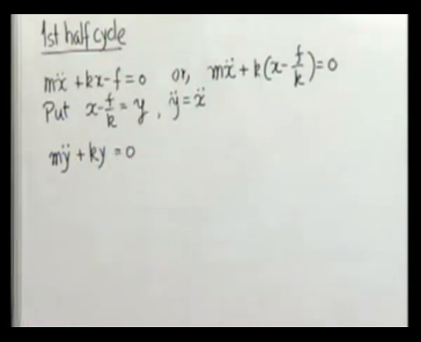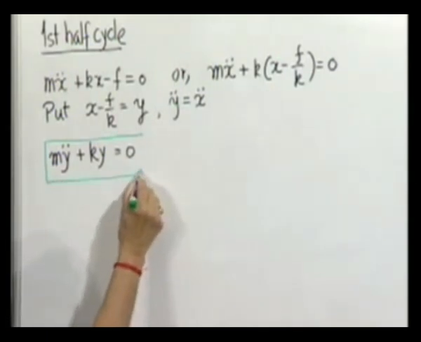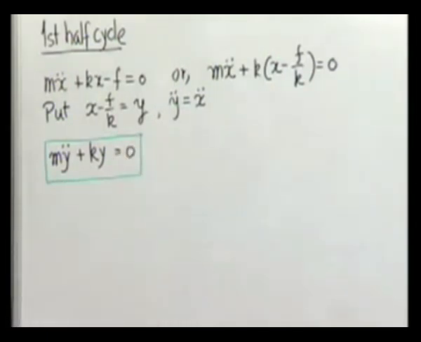So we find that in terms of this new variable y, it is a familiar equation which we normally get. So therefore, what will be the solution of y?